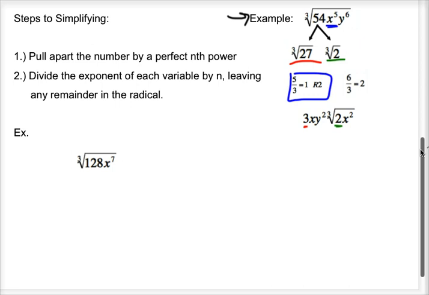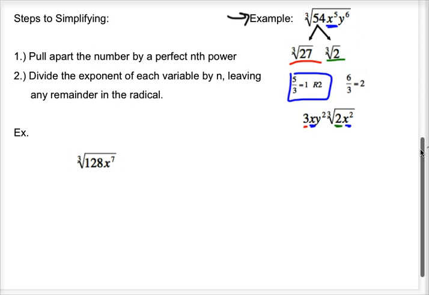So 5 over 3 is 1 with a remainder of 2. So that 1 actually is able to come out. That remainder of 2 is the piece that's left inside. You can think about the same thing. You're still dividing those two numbers, 5 divided by 3, but if it doesn't give you a whole number, if it gives you some remainder, that remainder stays inside of the radical piece.